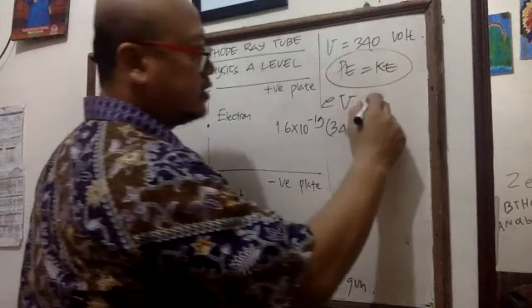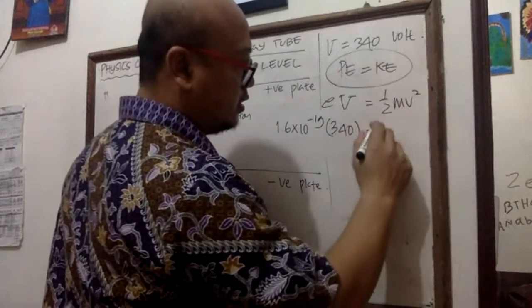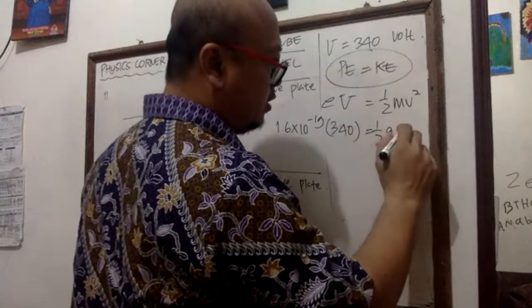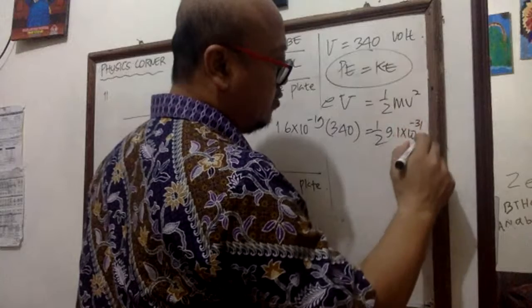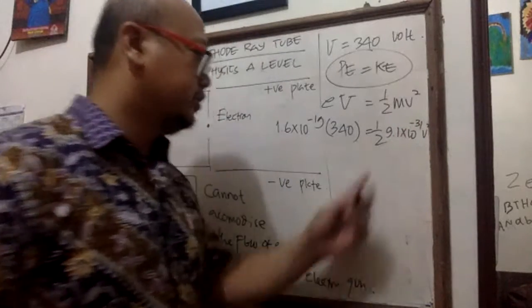which equals a half mv squared. A half, the mass of the electron, which is around 9.1 times 10 to the power minus 31, v squared. Sorry, this is so small.